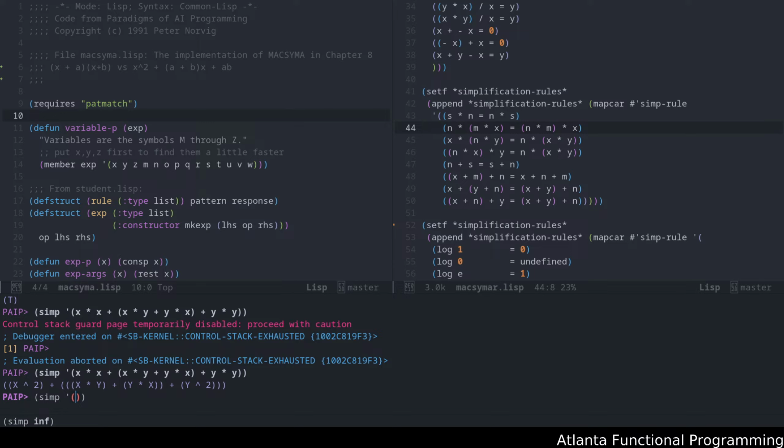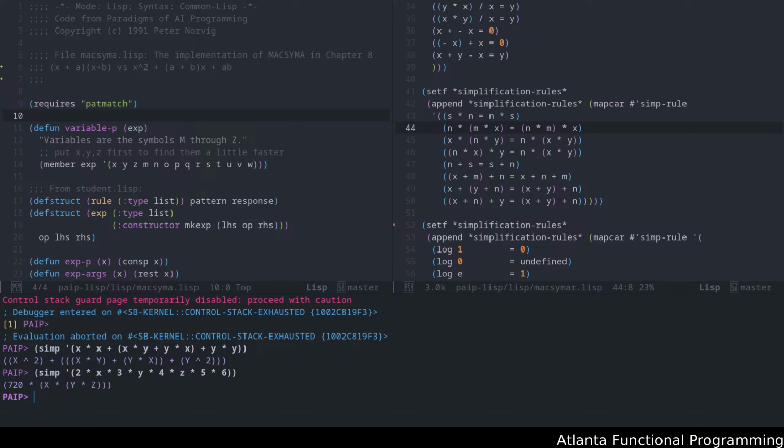So if we end up dealing with something that has 2 times x times 3 times y times 4 times z times 5 times and times 6, we could then see that this will get simplified to moving everything to the right hand side. We multiply 2 times 3 times 4 times 5 times 6, which will give us 720. And then we have x times y times z on the right hand side of that expression. So all that simplification can get done easily.